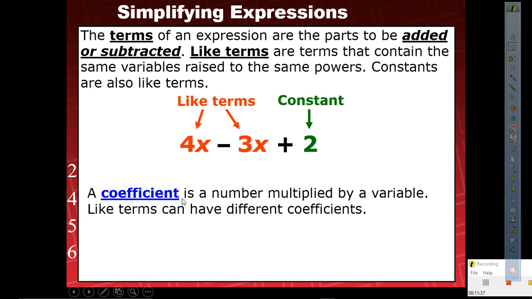Coefficient. Pay attention to this part. A coefficient is a number that multiplies the variable. Look up to the screen. A coefficient is a number that multiplies the variable. So look at this expression. My coefficients are 4, negative 3, and no, only those two. Tell your neighbor why not positive 2.